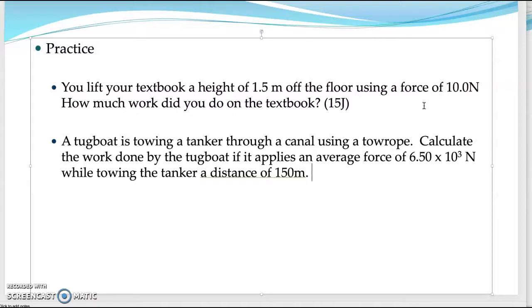And for this one, your final answer is going to be 9.75 times 10 to the 5. So pretend this is a pie like this one, and you're going to put it in joules, or you could also put that in kilojoules. So it's 975 kilojoules.